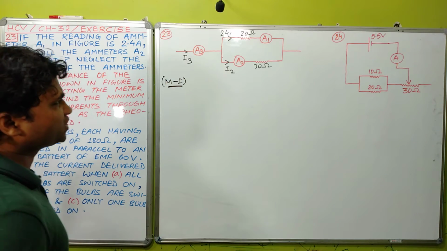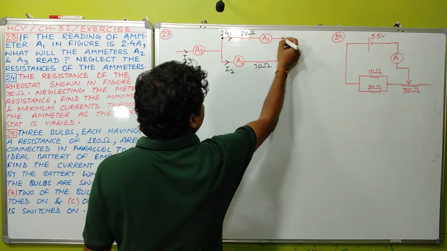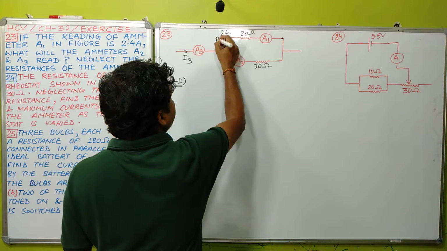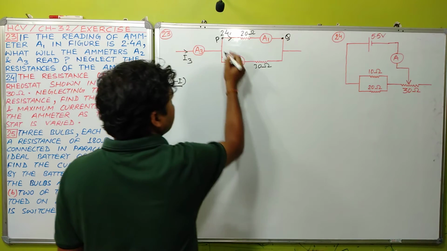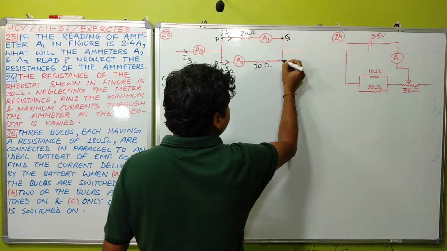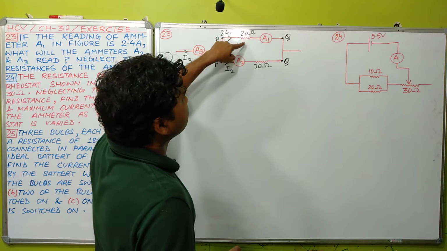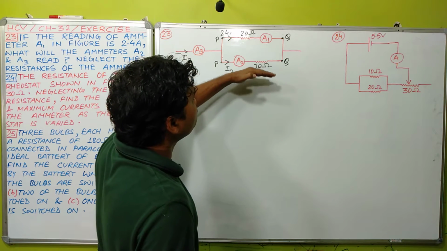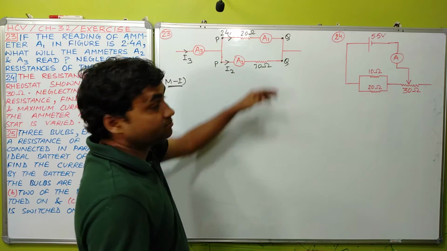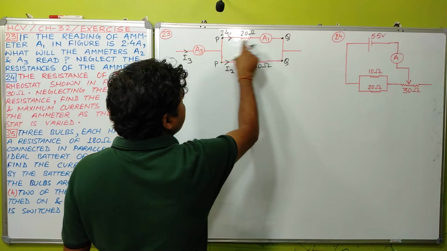The potential difference between these two points, let this be point P and this be point Q, so this point is also P and this point is also Q. The potential difference across this resistor will certainly be equal to the potential difference across this resistor, because these two resistors are across the same points P and Q.